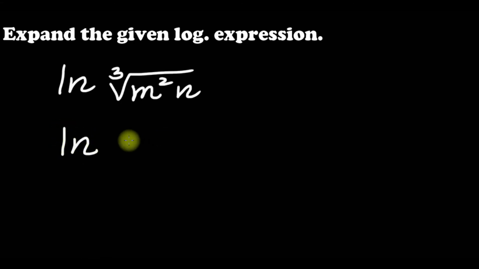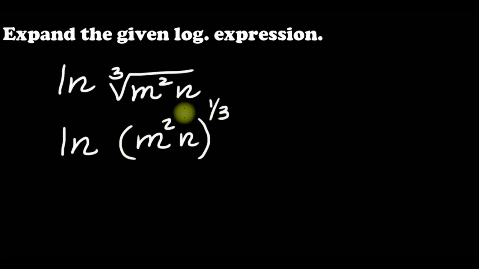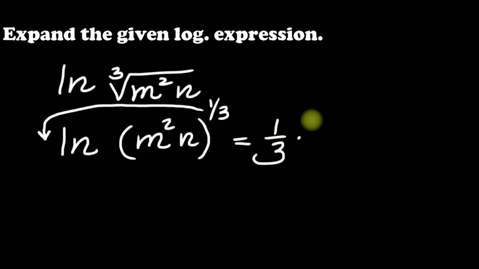So that would be ln of m squared n, and that whole thing to the 1/3, because cube root is the same as 1/3. And then expanding this, we're going to bring down the exponent to the front of the ln. So we have 1/3 times ln of m squared n.